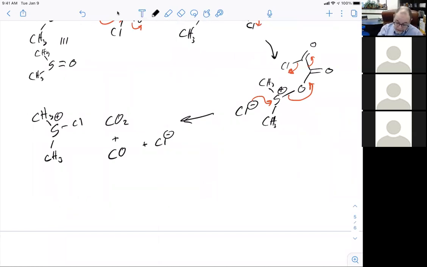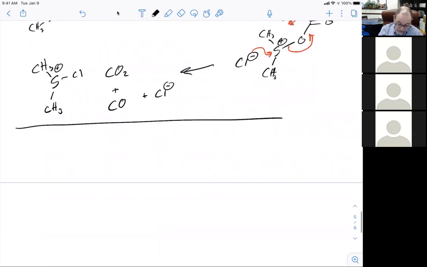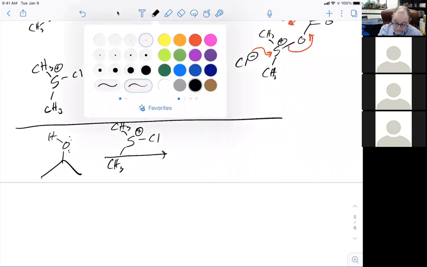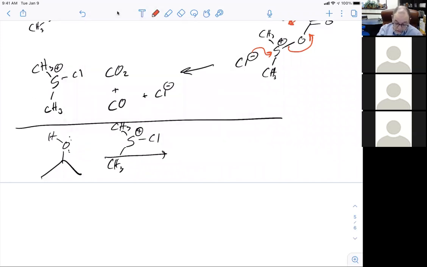So that's preparing your reagent. The next step is reaction with the alcohol. So the alcohol reacts with the sulfur.